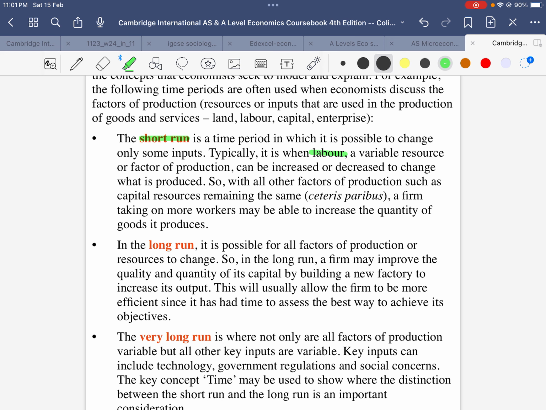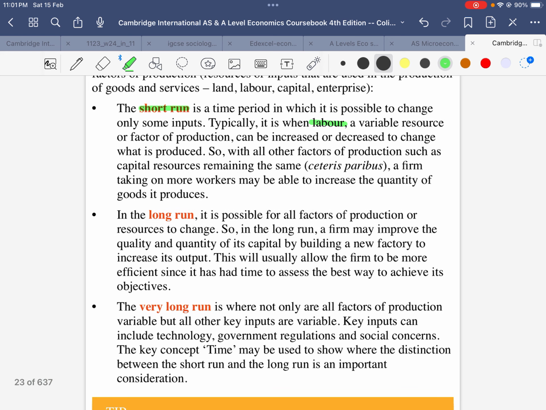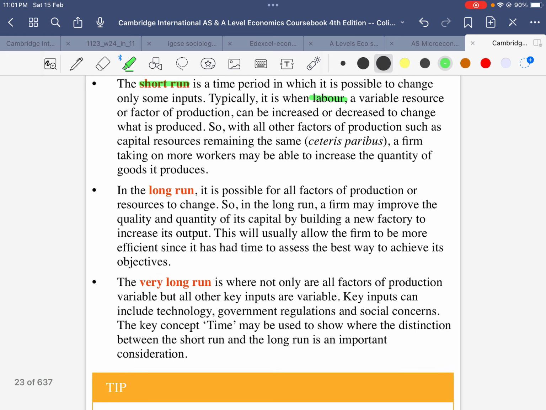So, in the short run, one of the factors of production is constant, and that factor is normally capital. What is the long run? In the long run, you can alter all factors of production, and you will come across ideas such as profit in the short run, profit in the long run.